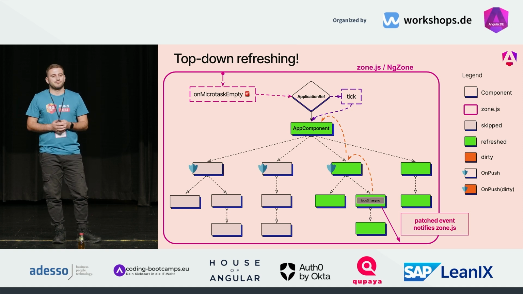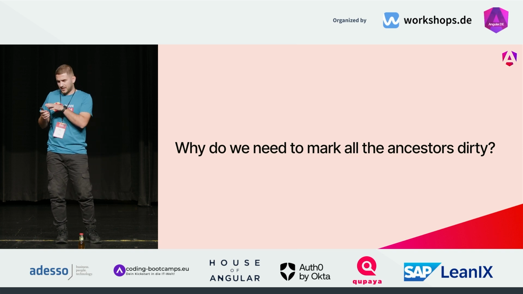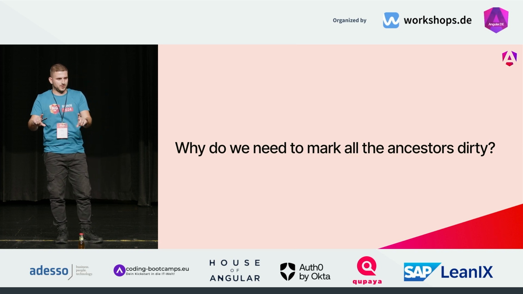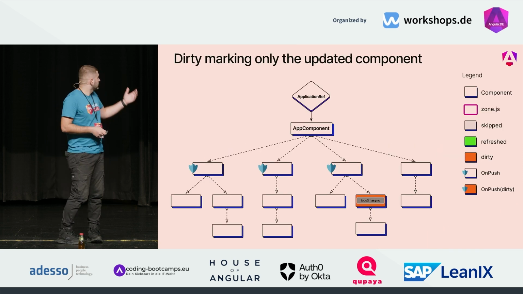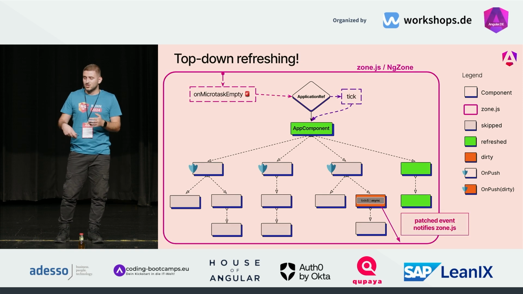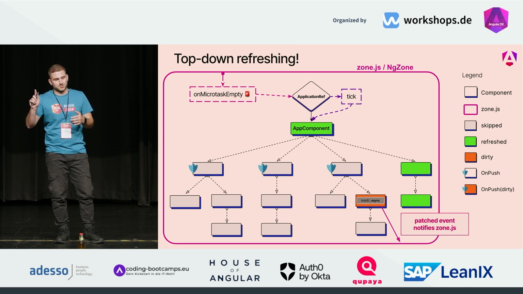So we have top-down refreshing again. But the question is, why do we need to mark all the ancestors dirty? Why not just mark that component where the change happened? Well, let's do that. We have async there, and then a patched event notifies zone, goes top-down refreshing again. Then we have app component that goes tick.